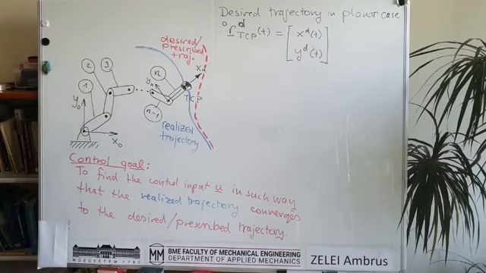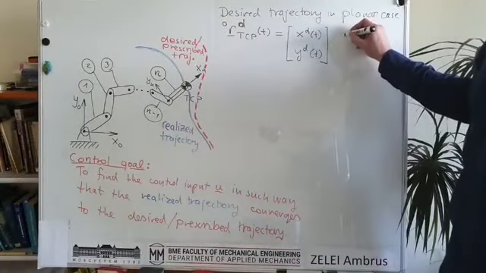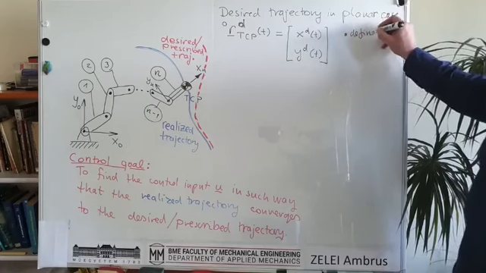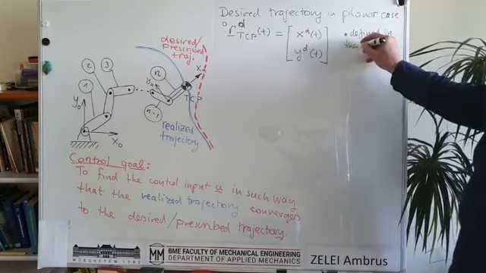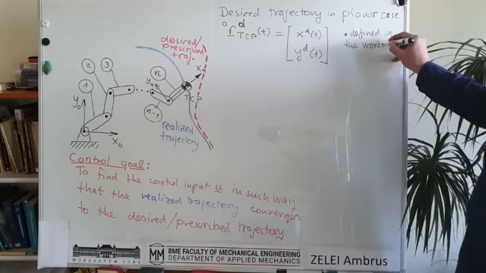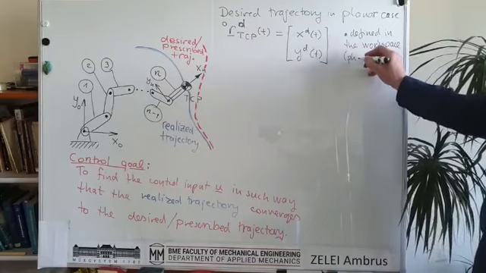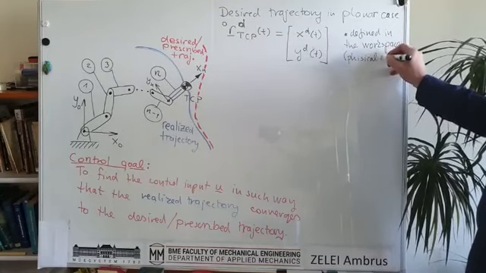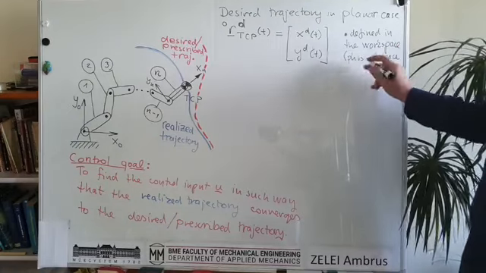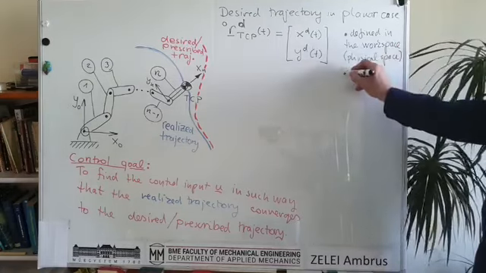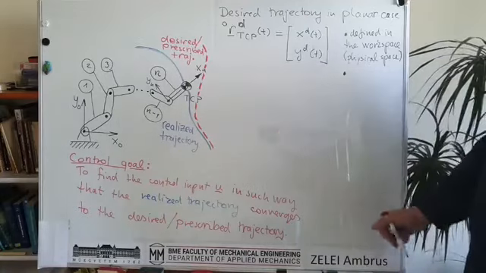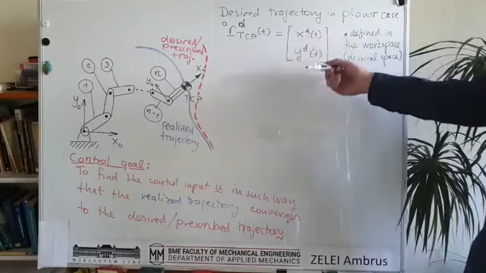Okay, so this is the desired trajectory, and this is defined in the so-called workspace. The workspace is the physical space of the robot. So one thing is that this is defined in the workspace, the physical space in x and y, and if we are in the three-dimensional case, this is x, y, and z. That's trivial.